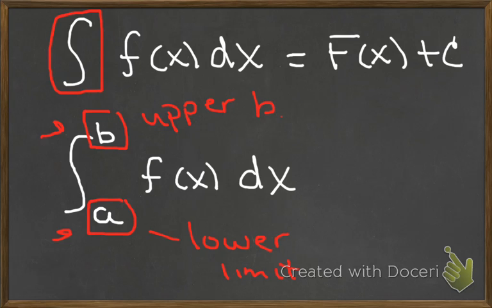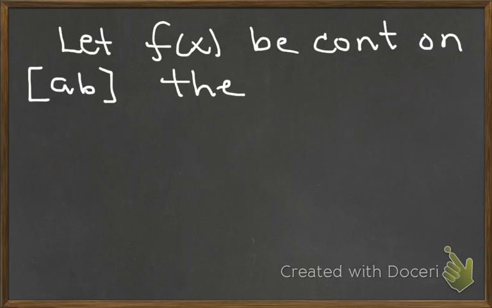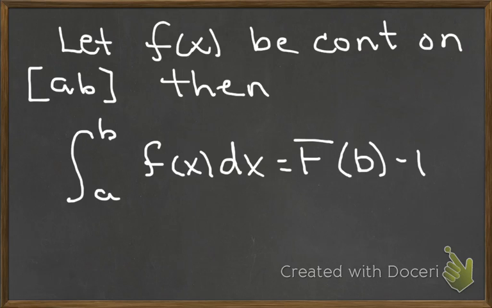This is where the fundamental theorem of calculus comes in. If we let the function f of x be continuous on some closed interval [a, b], then the definite integral from a to b of f of x dx is equal to the antiderivative at b minus the antiderivative at a.